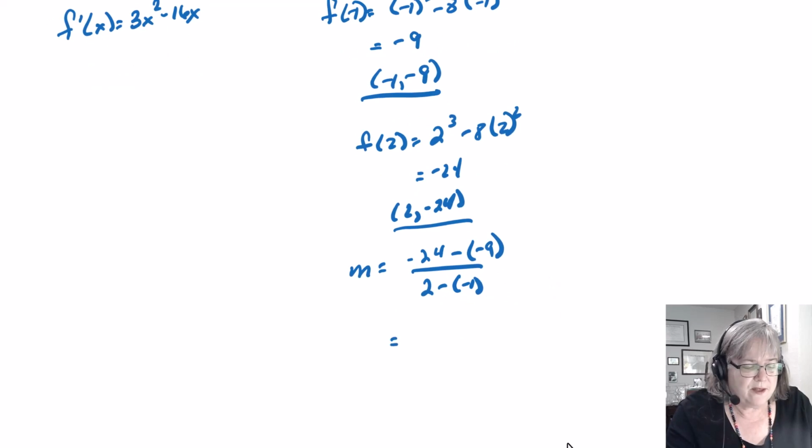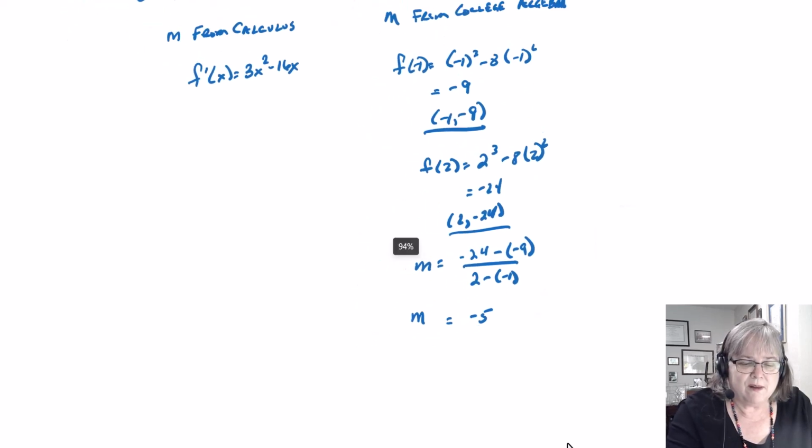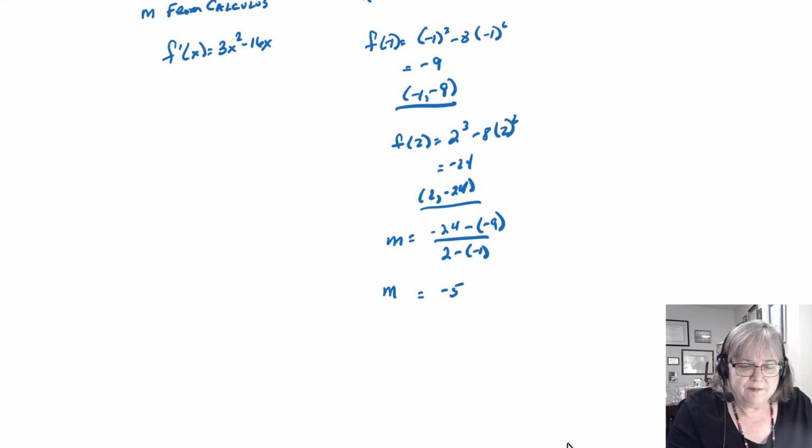So this turns out to be -15 over 3, which is -5. Okay, so what the mean value theorem says is there should be some place on the curve that has the slope.